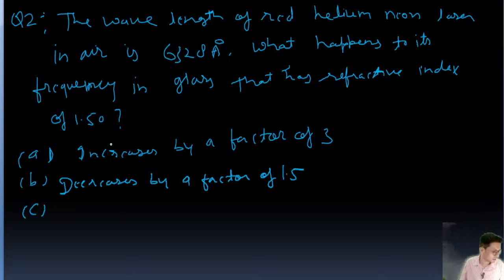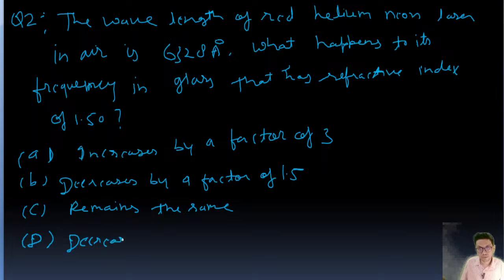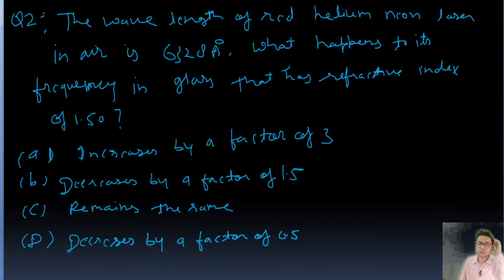Option C is remains the same, and option D is decreases by a factor of 0.5. Okay, so this is the question.